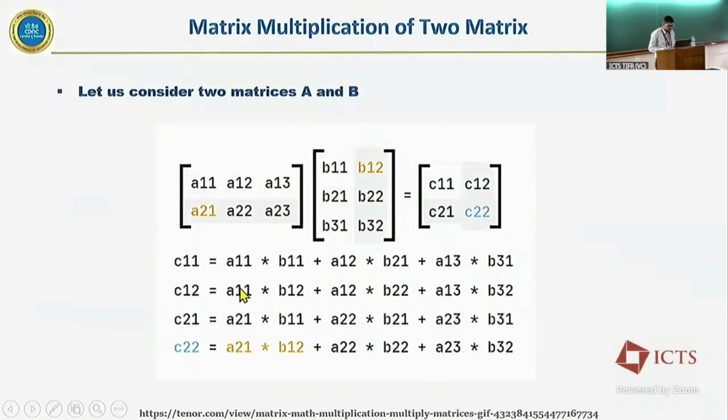That is A11, first row, then second column: A11 into B12 plus A12 into B22 plus A13 into B32. Then C21 is second row, first column, and C22 is second row, second column.